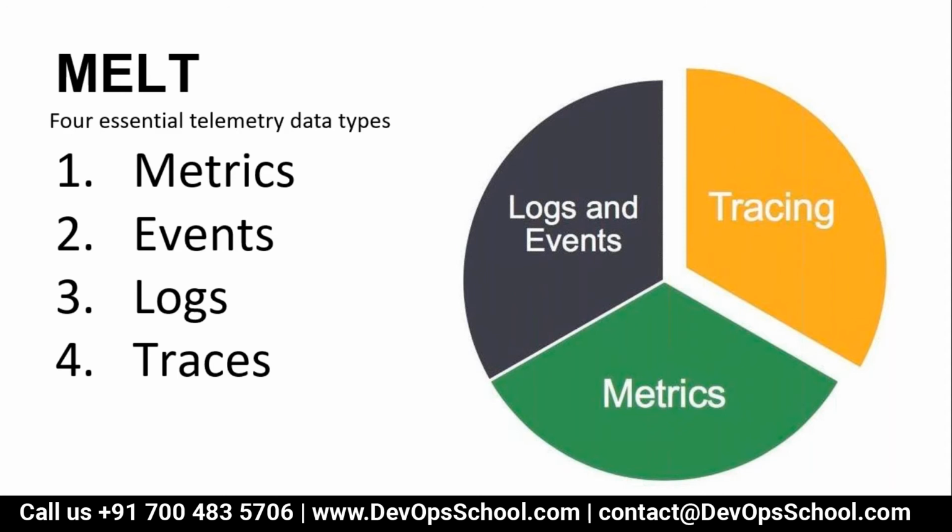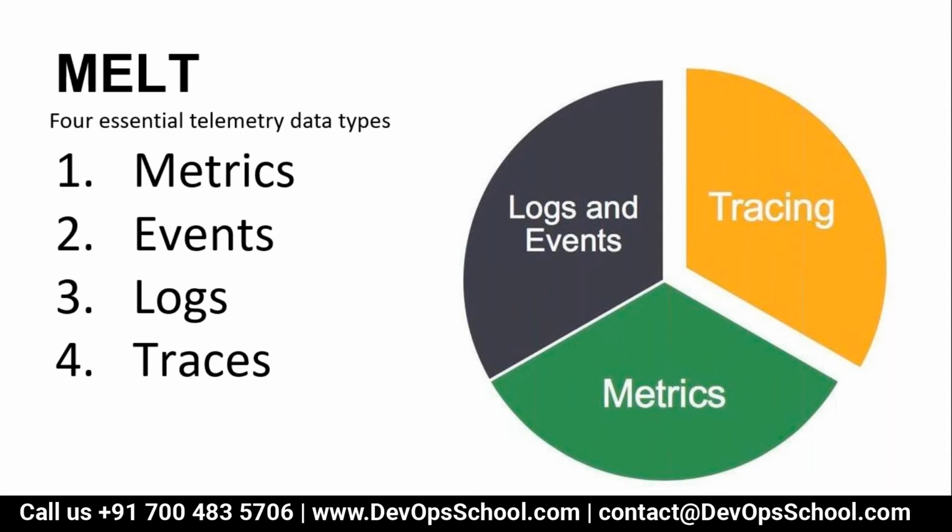Metrics are something like your CPU and RAM. That's called metrics, collected from the system at the remote location. Events are any events, like system events, application events. Logs are any logs, which may be data, system logs, application logs, network logs.